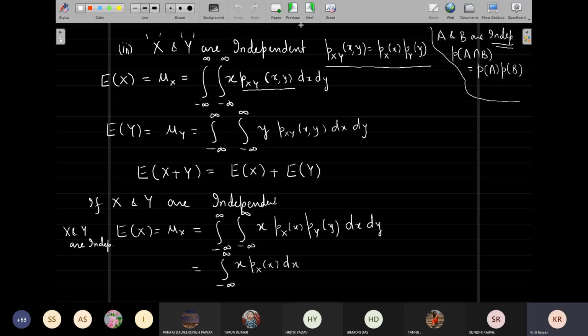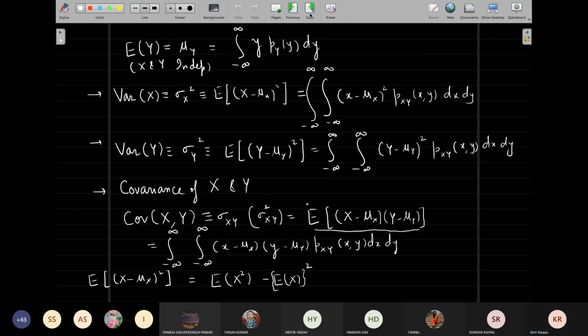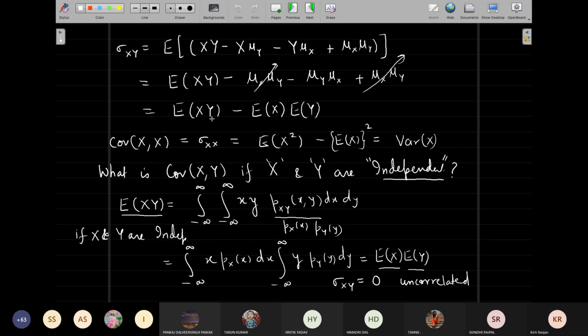Now, why I wrote this: because E[XY] can be written equal to E[X] times E[Y], that is, the expectation of the product of the random variables can be written in terms of the individual expectations, only if X and Y are uncorrelated, or in this case X and Y are independent. You cannot write E[XY] equal to E[X]E[Y] all the time, whereas E[X+Y] is always equal to E[X] plus E[Y]. So this is something which we read.